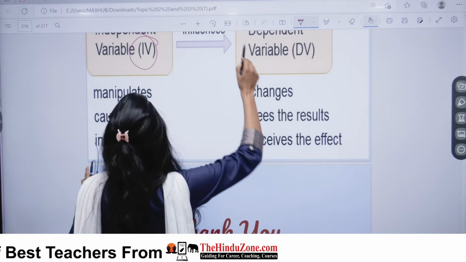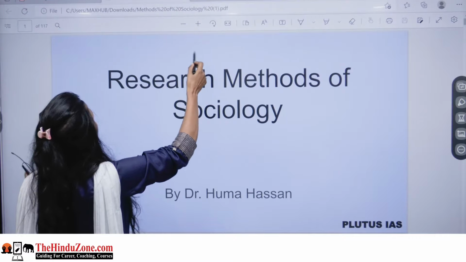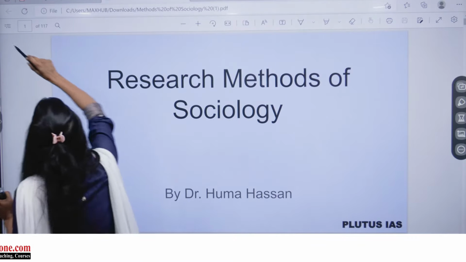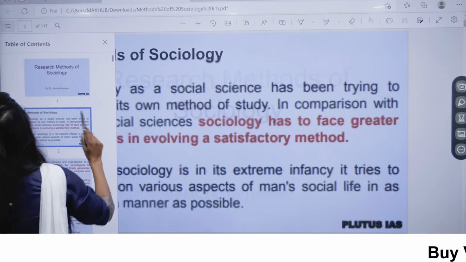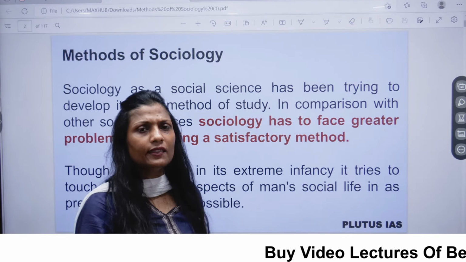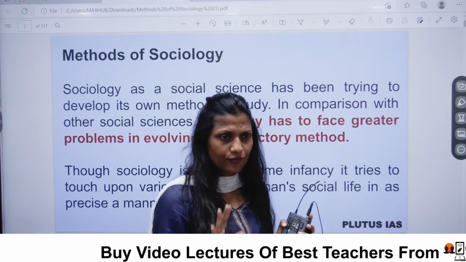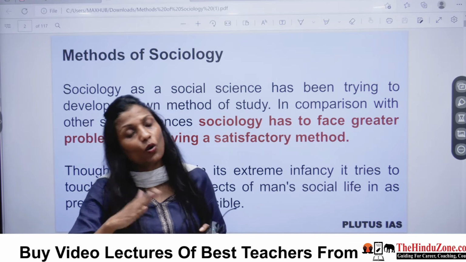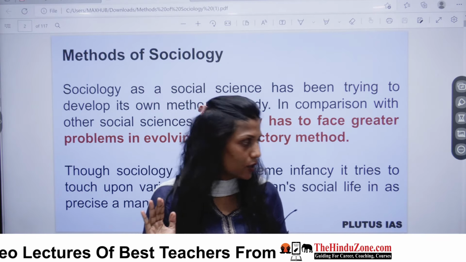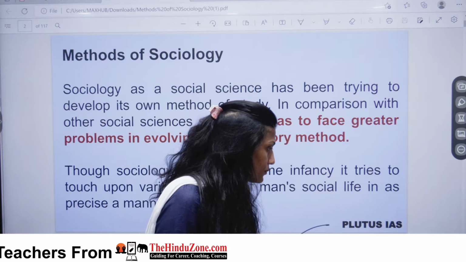Now we have to take 2 other topics, that is methods of research. This is what we have to do today. In this topic, we do not have to put a lot of effort. It's quite easy. We have already done it.